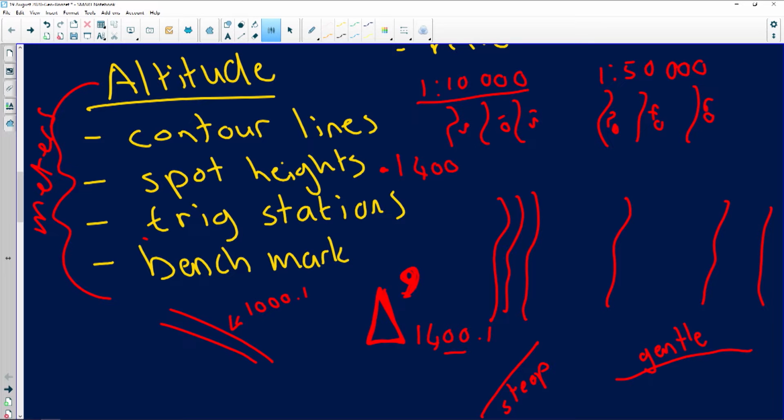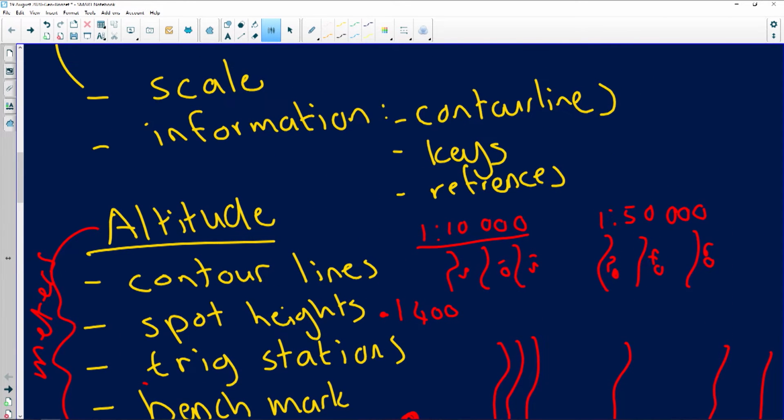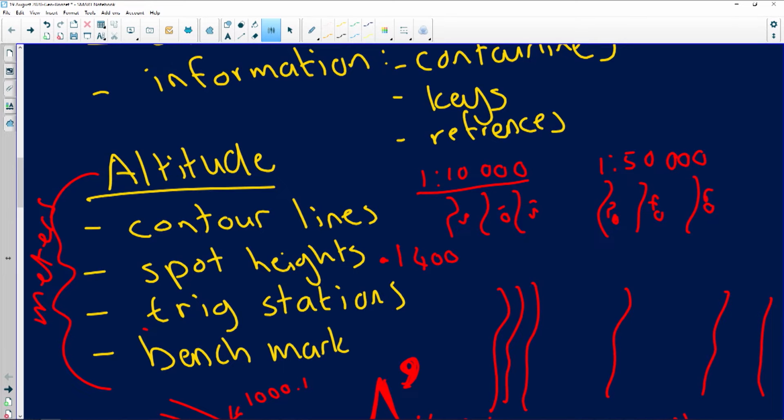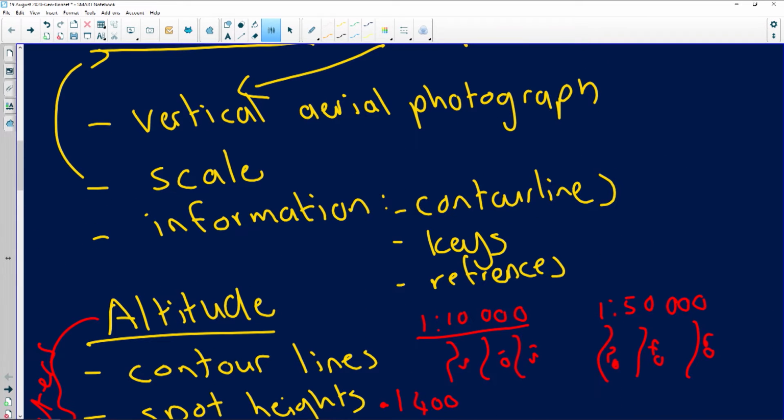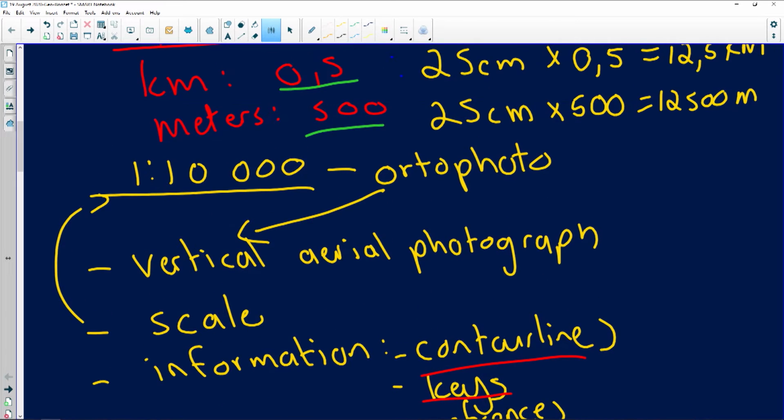Contour lines, spot heights, trig stations, and benchmarks. So that makes our orthophoto also special because it's got this information on it. With this information, it's also possible for us to calculate distance on an orthophoto map.